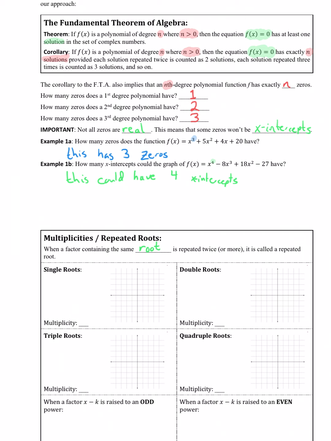And what that means is, for example, let's start with a single root, which is what we're used to. An equation in factored form, we'll just say x plus 4, x minus 2. And we sketch this.